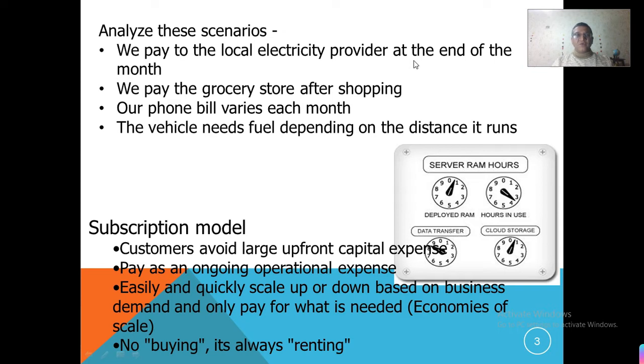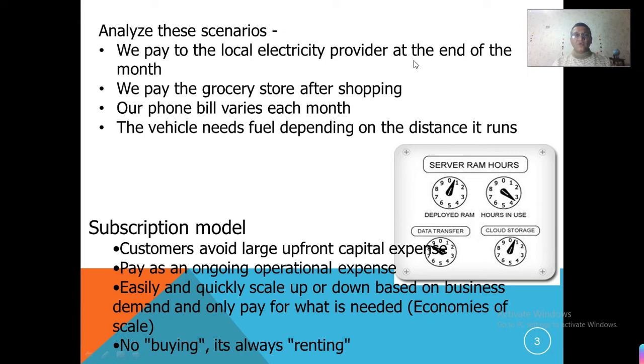Similarly, when we go to any grocery store, mall or shopping store, we pick all the items, put them in our cart, and then pay for the items we have taken. Similarly, with mobile phones, you may have experienced that our bill is different every time based on our consumption.